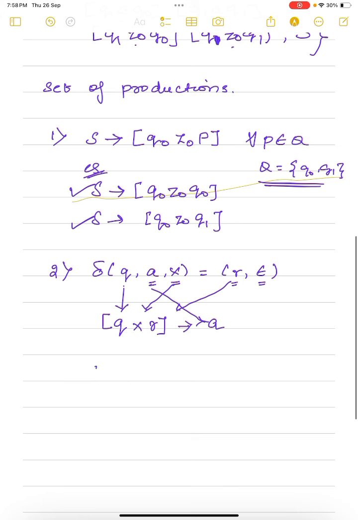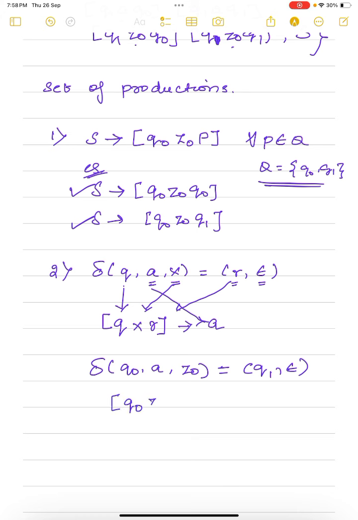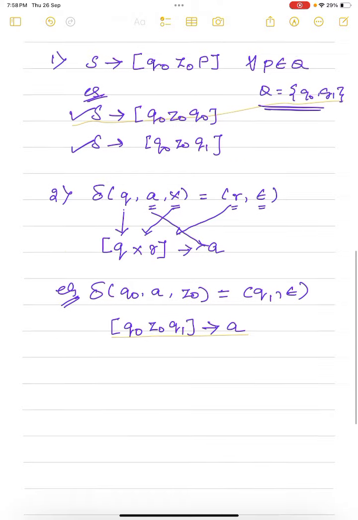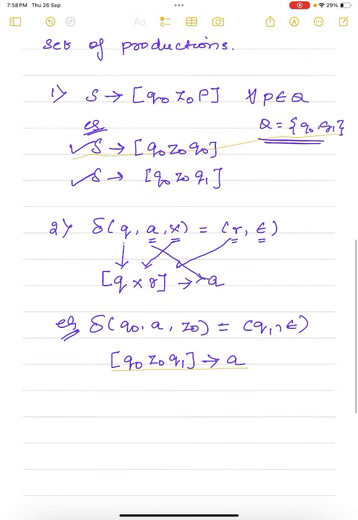For example, if I have delta of Q0 comma A comma Z0 equal to Q1 comma epsilon, then I will write it as Q0 Z0 Q1 tending to A. This is how we write the production for a pop operation.